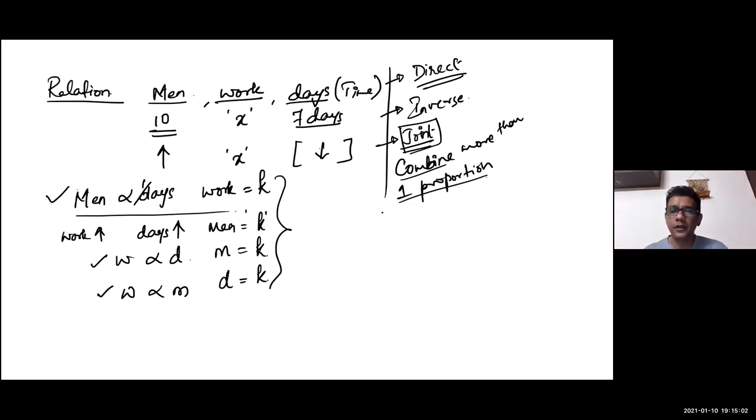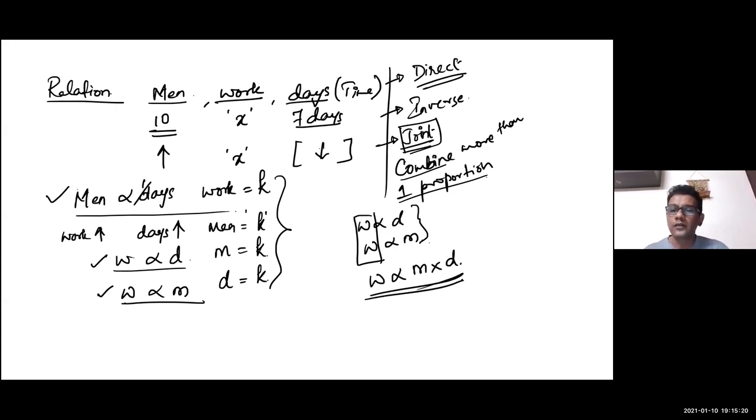So how does it happen? When I say work is directly proportional to days, and when I say work is directly proportional to men, since the unit on the left-hand side is the same, I can combine the 2 proportions and say work is directly proportional to men into days. Remember what I am doing.